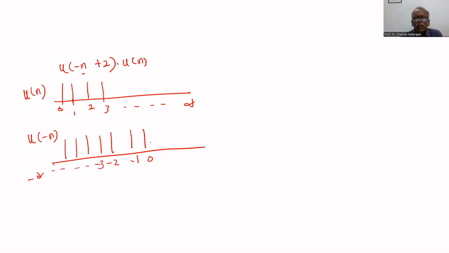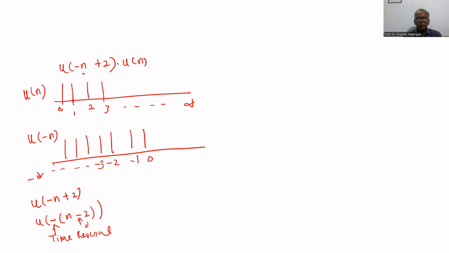There is no signal on the right-hand side. So U of -n+2 can be written as U of minus of n minus 2. This minus sign is time reversal.